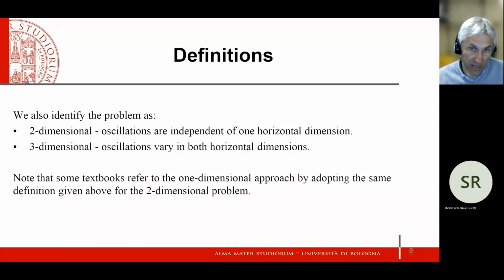Note that some textbooks refer to the 2D problem as the 1D problem by adopting a different definition. Here we consider that there are 3 dimensions in space, and we define as 3-dimensional oscillations those that vary in all the 3 directions.